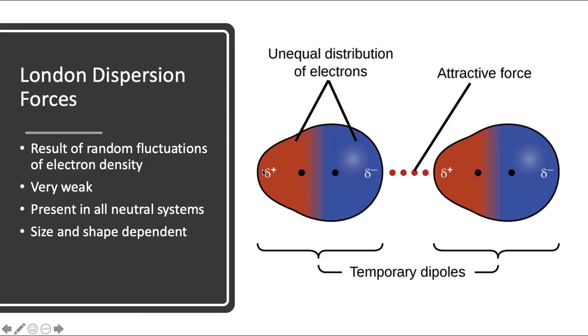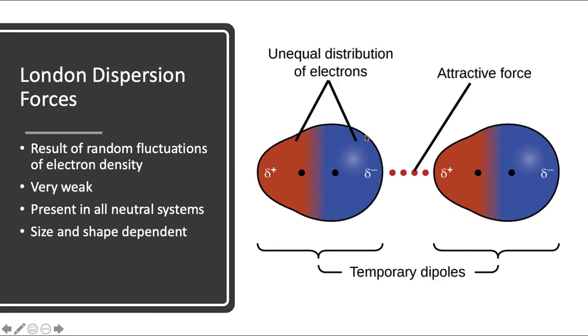Well, if this is my first atom over here, we'll talk about it in those terms. I know that I have a nucleus and then I have electrons that orbit around the nucleus. Now, at some point in time, I may end up having not an even distribution of electrons.